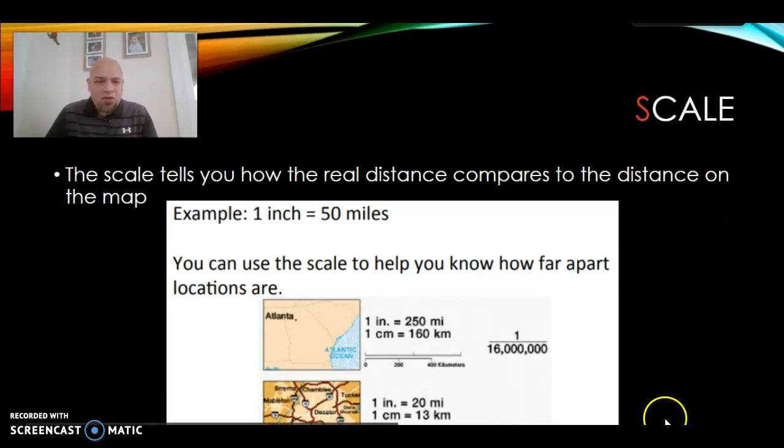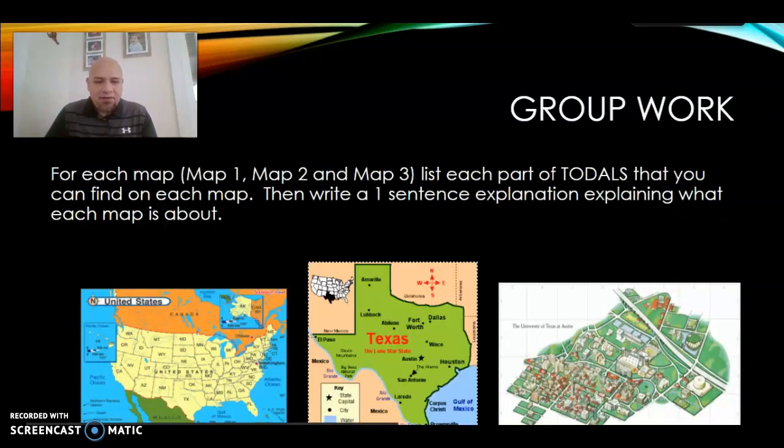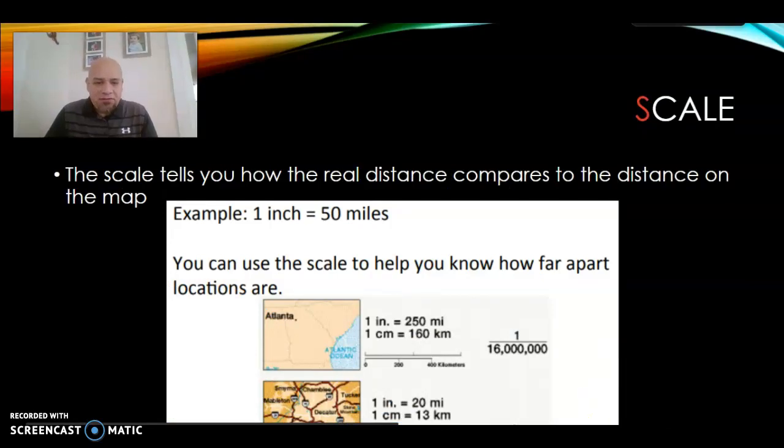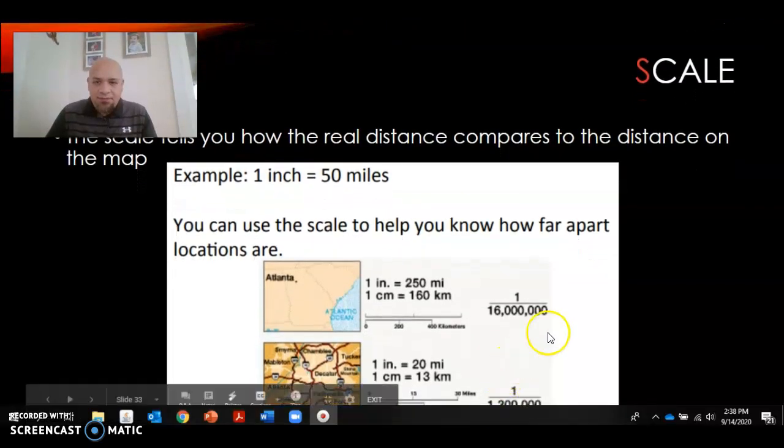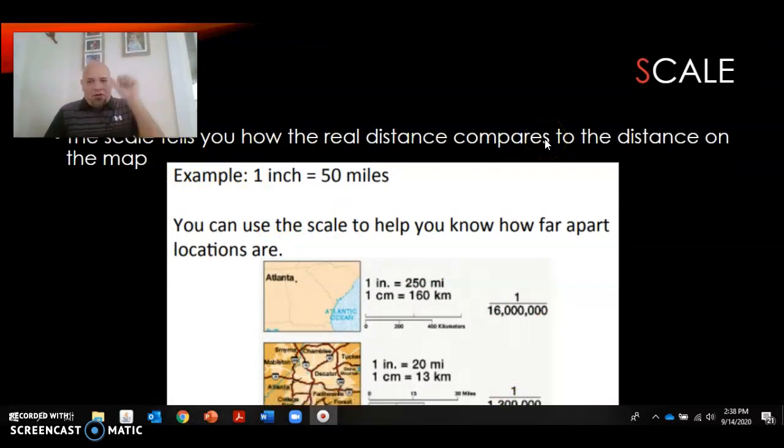The last one, scale. All right, so the scale you usually find at the bottom of the map. And the scale tells you how the real distance in real life on the Earth compares to the distance on a map. And it usually looks something like this.